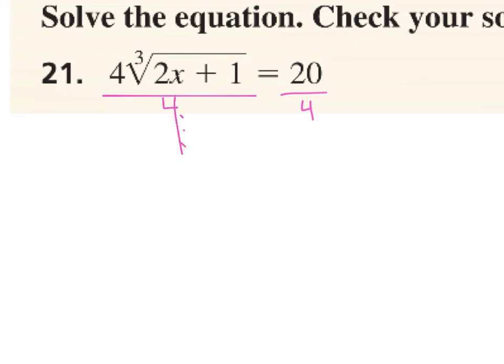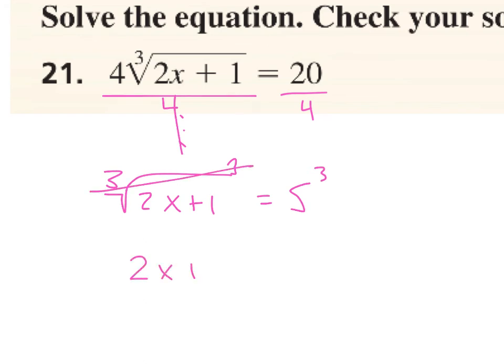So this is the cubed root of 2x plus 1 is equal to 20 divided by 4, which is 5. What do we do next? Raise both sides to the power of 3, so this cancels. So we have 2x plus 1 is equal to 5 to the power of 3, which is 125.